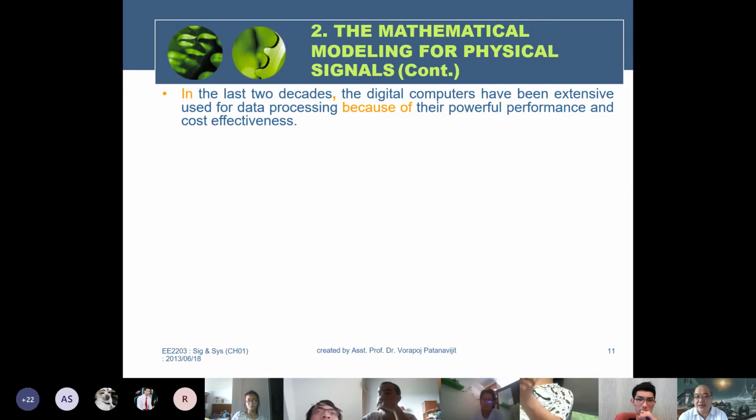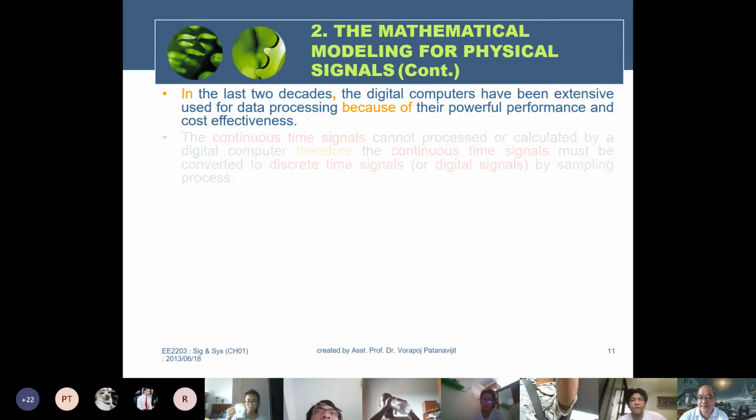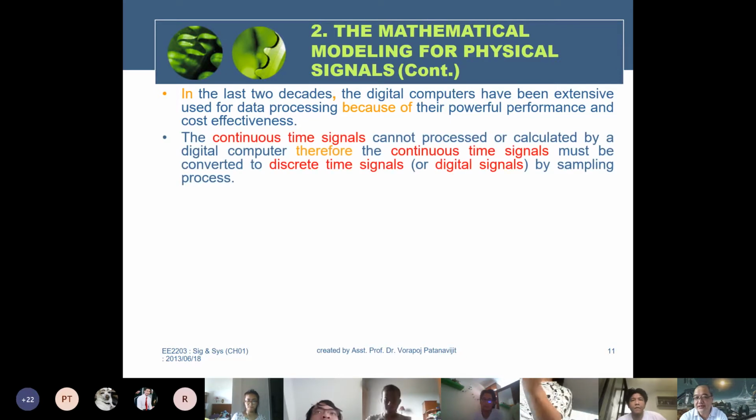In the last two decades, the digital computer has been extensively used for data processing because of its powerful performance and cost effectiveness. The continuous signal cannot be processed or calculated by the digital computer.